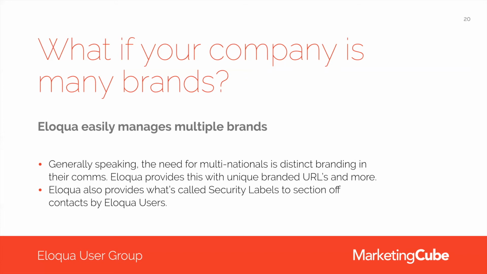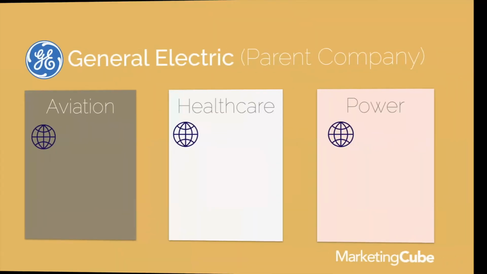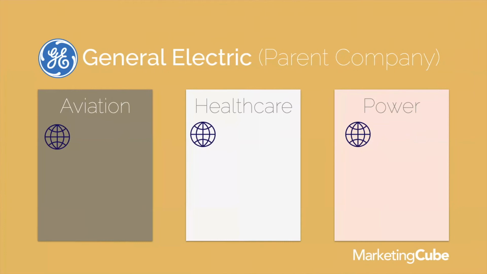So the one example that's often used, because it's such a massive company and a brand that everyone knows, is of course our good friends at GE. Now, I have no idea if the folks at GE use Eloqua. I would imagine somewhere in that huge organization there'd be some Eloqua users, but I just wanted to give you an example.